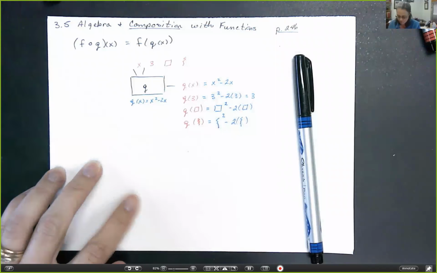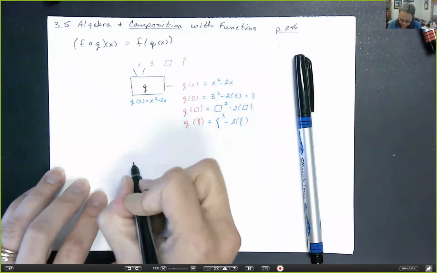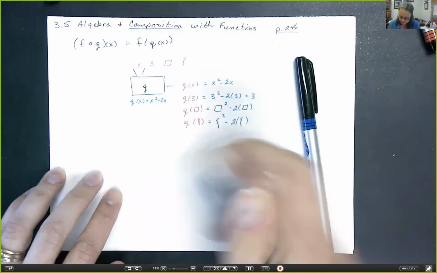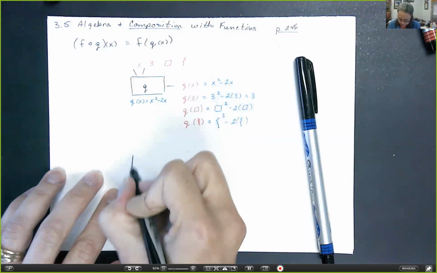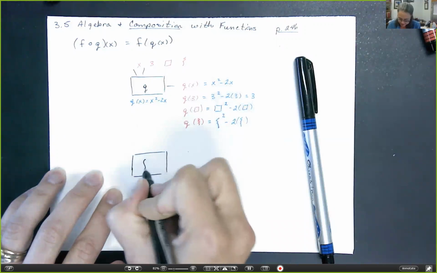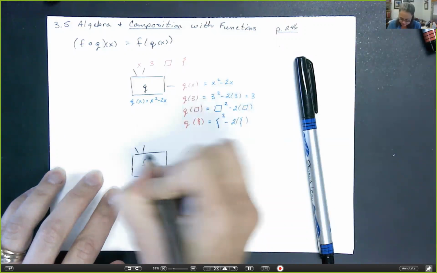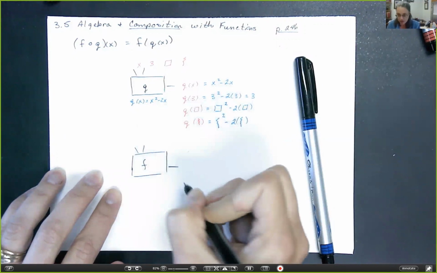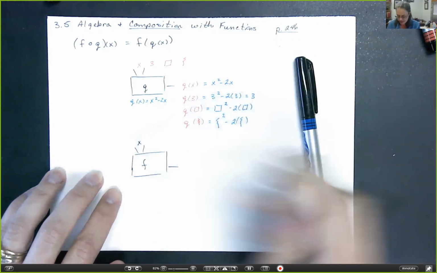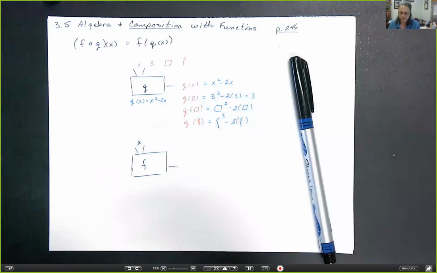Now, suppose I've got another machine, labeled F. Whatever I put into F, I get out F of that thing.